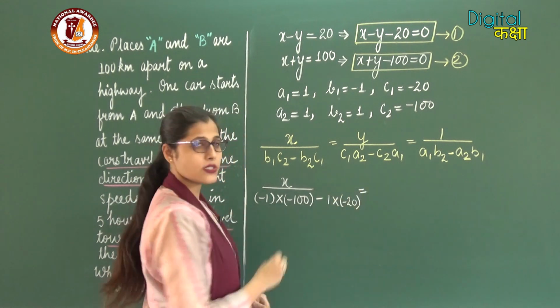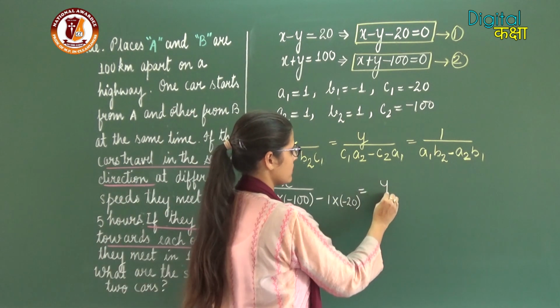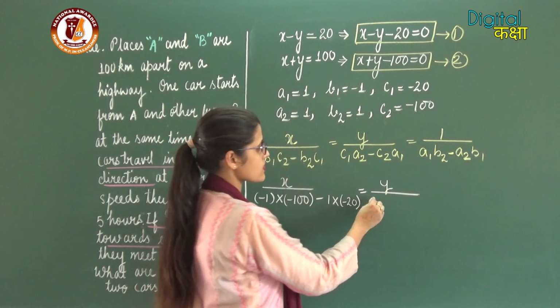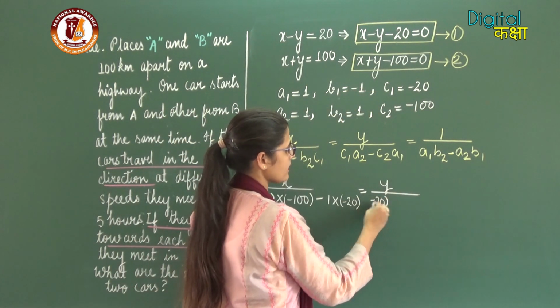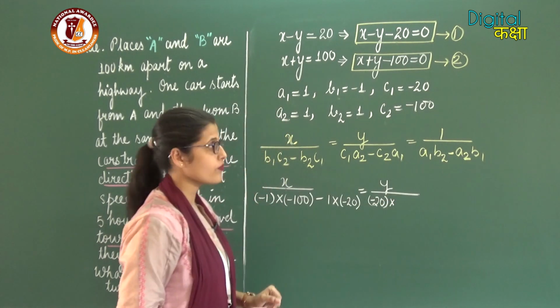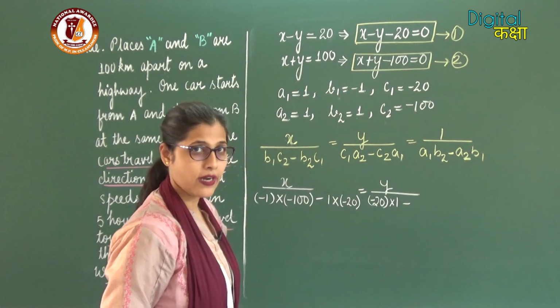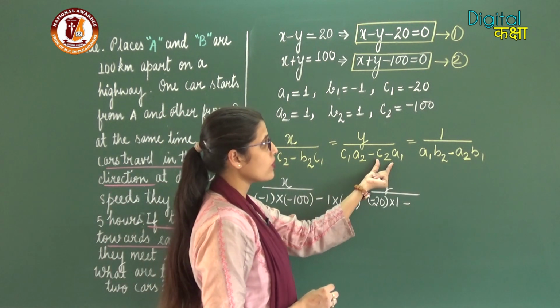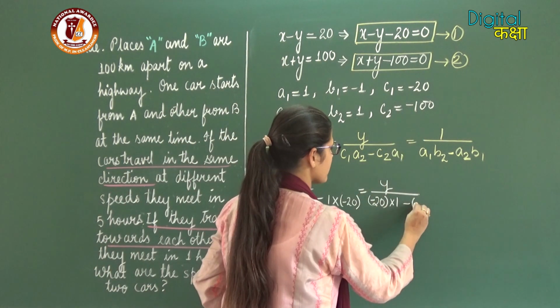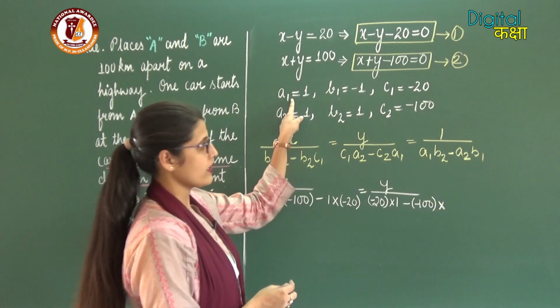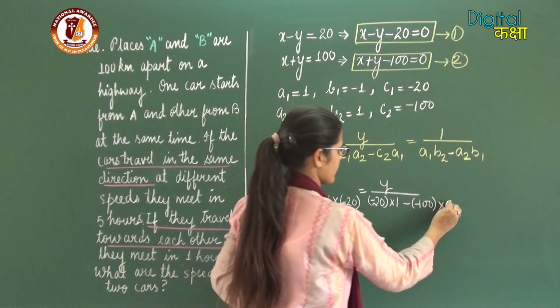It will be equal to y upon the value of C1, which is -20, multiplied by the value of A2, which is 1. Minus sign of subtraction and the value of C2, which is -100, multiplied by A1, which is +1.